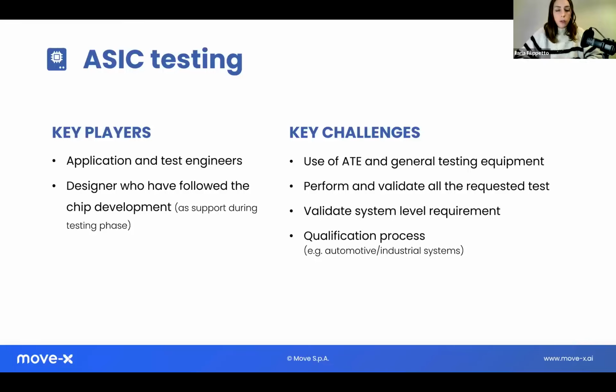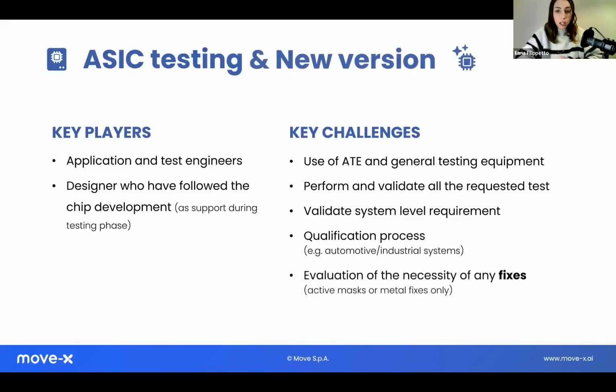Here, the use of the ATE and in general of testing equipment is required. And the goal is that based on these results, we can evaluate whether we need some fixes for future versions of the chips.